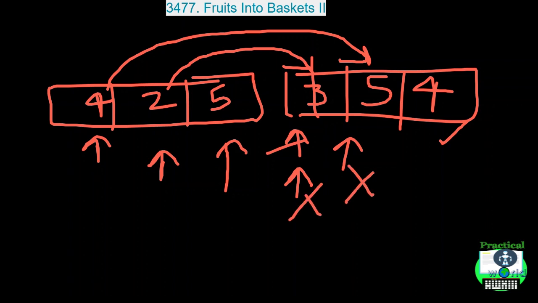This basket is empty but its capacity is less than our fruit, so we can't insert 5 here either. Now we have traversed the whole baskets array, but 5 is still not placed in any basket. So 5 is unplaced.